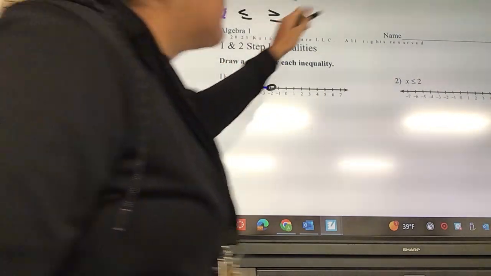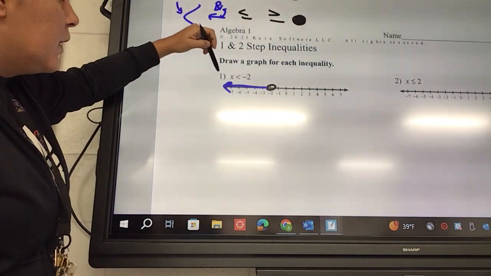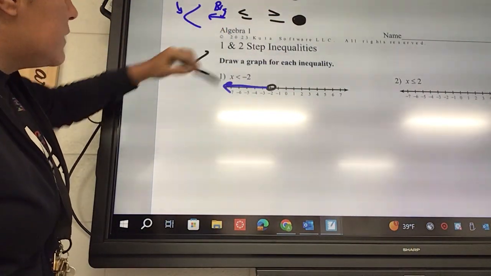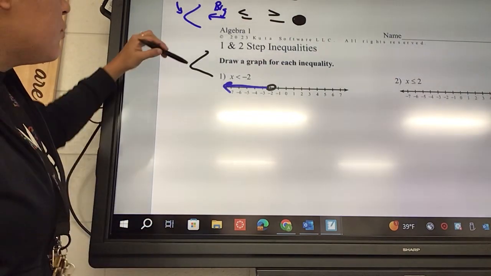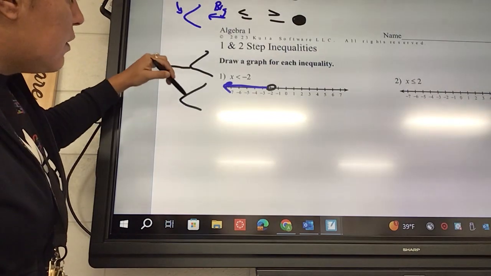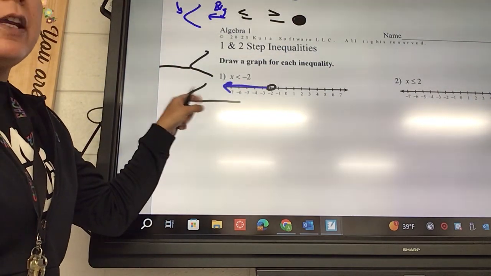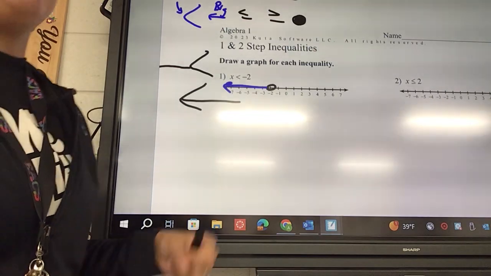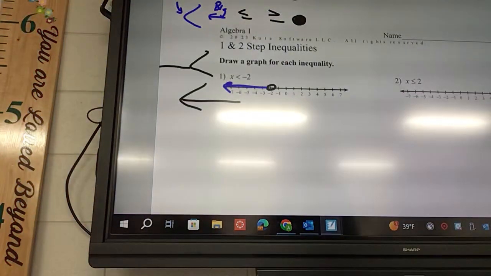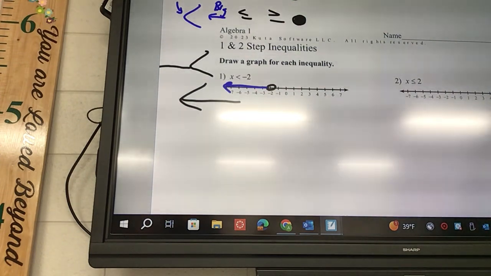The other way to look at it is this: if you were to draw a line on both sides of this sign, is that how we draw an arrow? No. Or is this how we draw an arrow? Yeah. And so that matches up with whatever way you need to go. Whatever way you can read through these to figure out which way your line needs to go is totally fine by me.